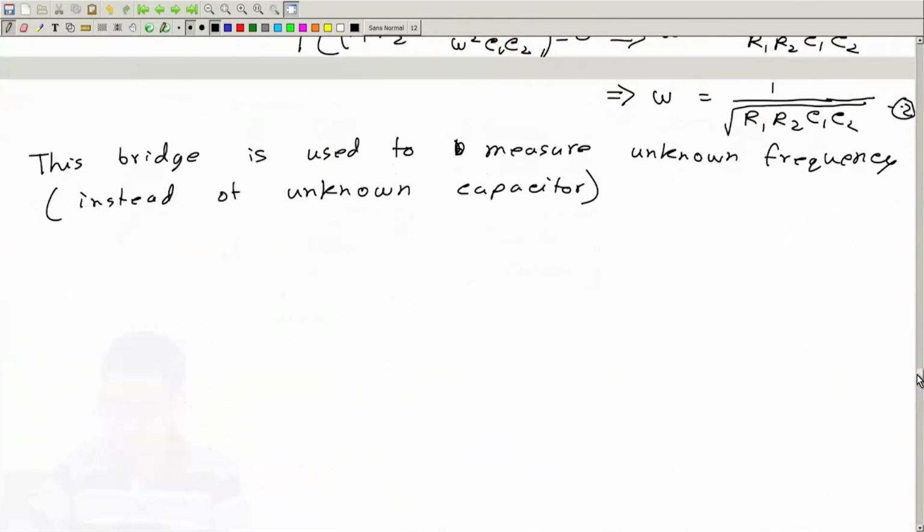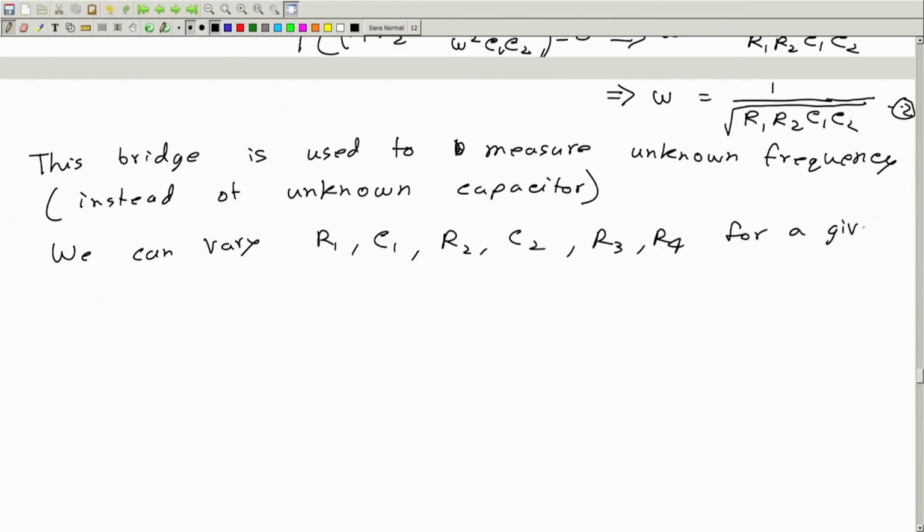So, we can vary these impedances R1, C1, R2, C2, R3, R4, for a given, that means fixed, unknown frequency.